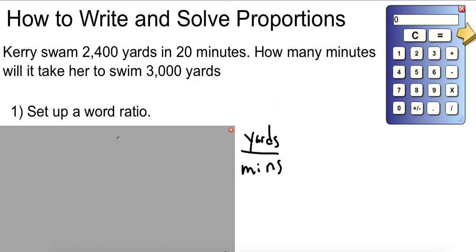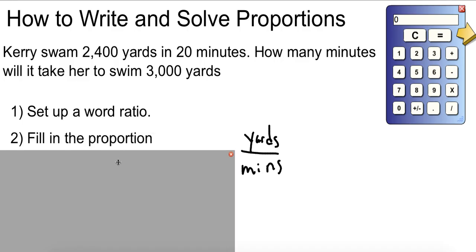So now that I have that, I'm actually going to fill in my proportion with the information that I've been given. So I see that Carrie swam 2,400 yards. That'll go in my numerator. And she did this in 20 minutes. My second sentence will give me my second ratio, I should say.